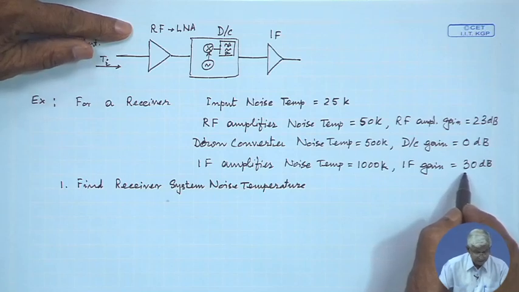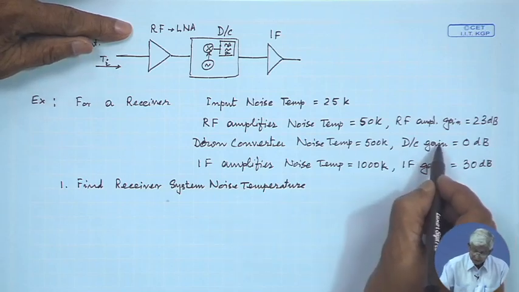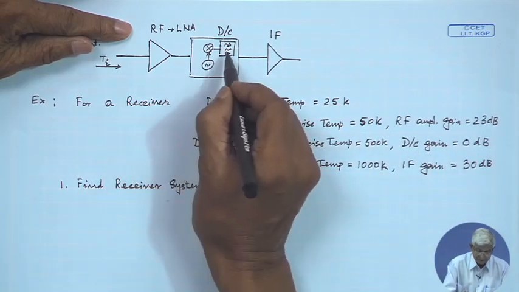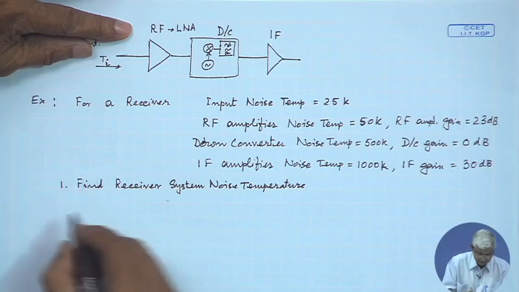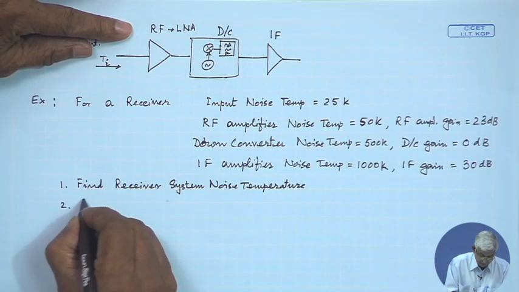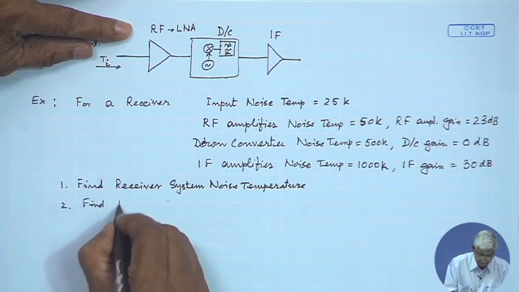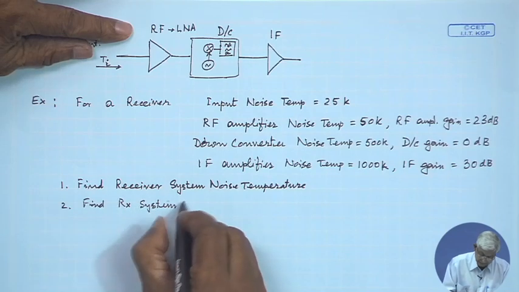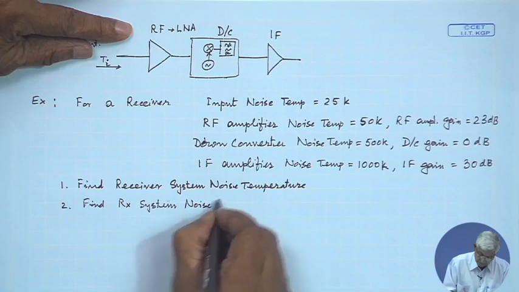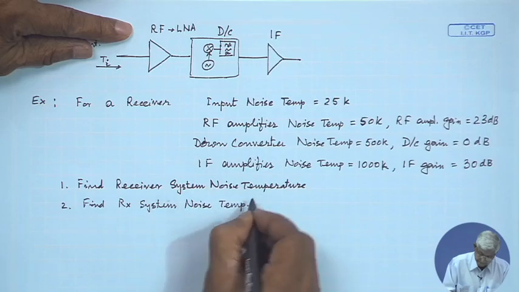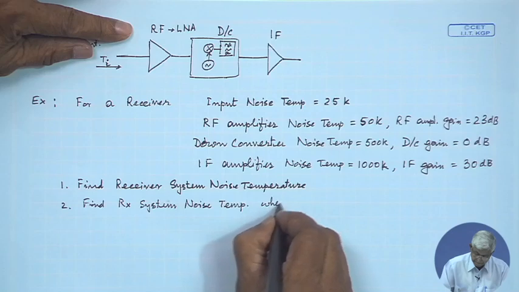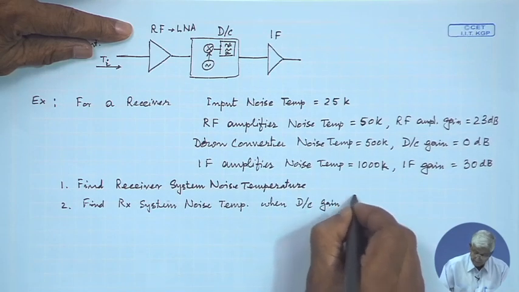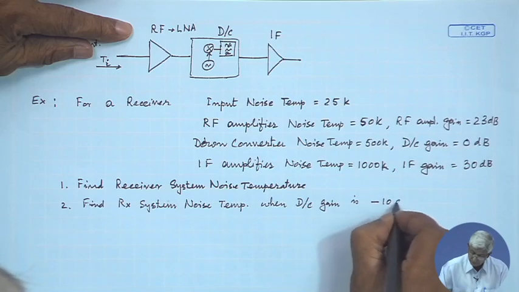Now, what happens if the down converter gain reduces? Actually it is a loss, because the filter is there, the mixer is there, that is lossy. So, in the second stage you find the receiver system noise temperature when the down converter gain is minus 10 dB.